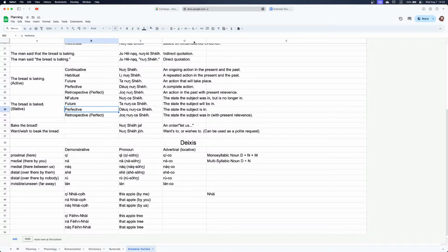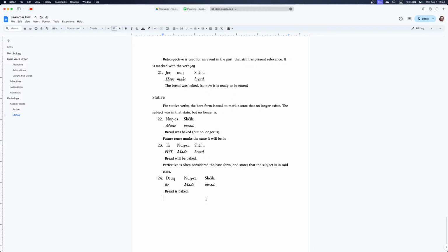And then finally, retrospective. The state the subject was in. Retrospective marks the state the subject was in with present relevance. I don't know how better to describe that.